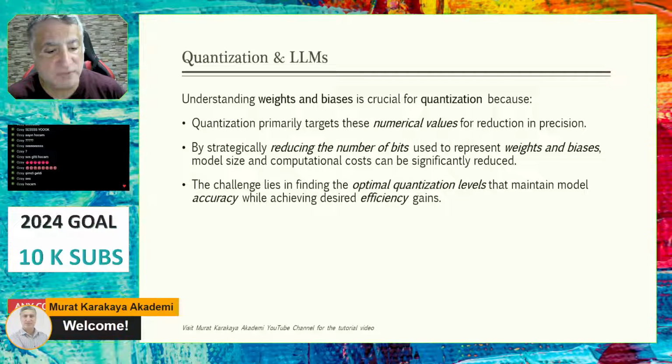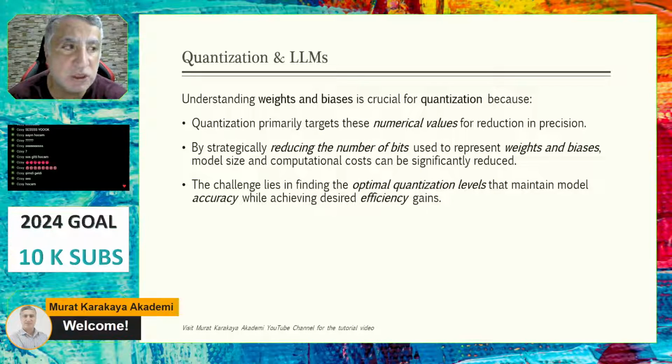Most of the time in computer architecture, we use 32-bit representation for floating numbers, or 16-bit floating number representation. For the integers, you can use, for example, 8-bit, or of course 16-bit, or 32 bits. It's possible. So there are different representations for numbers.